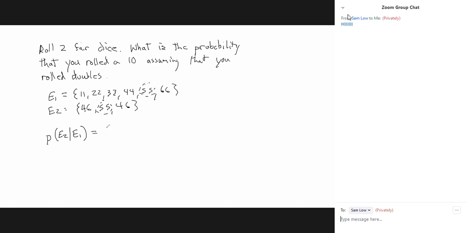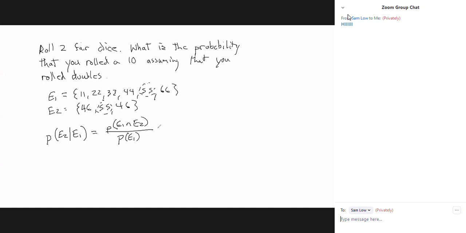So this is going to be the probability, just using the formula, of the intersection over the probability of the event that I knew. Everybody with me there? So I'm thinking it should be something like 1/6, right? Because of these 6, so I know I rolled doubles, and this is the one I want.